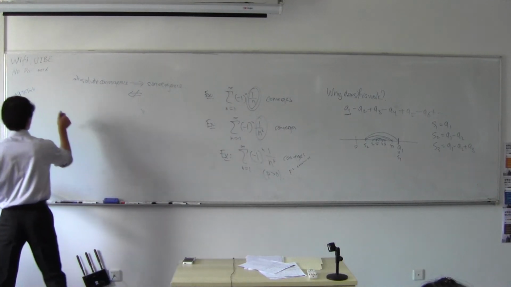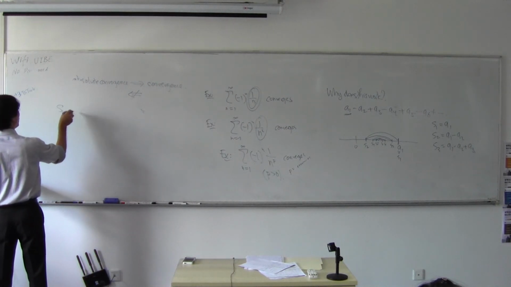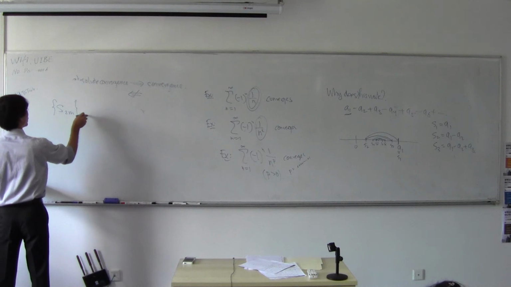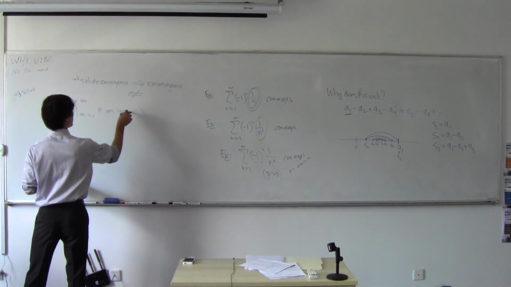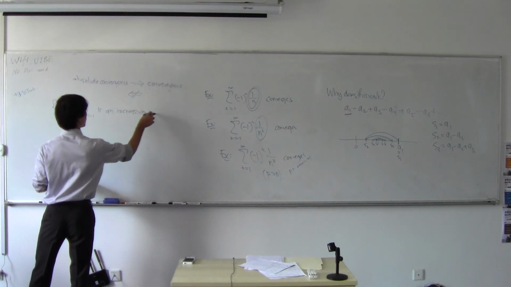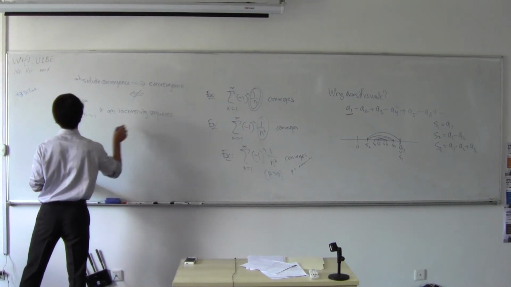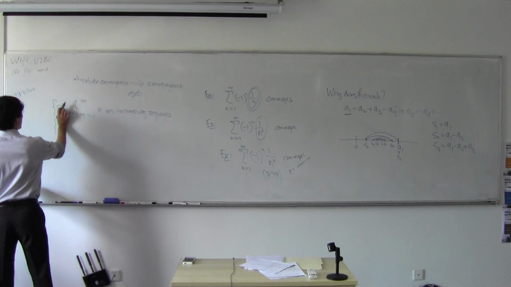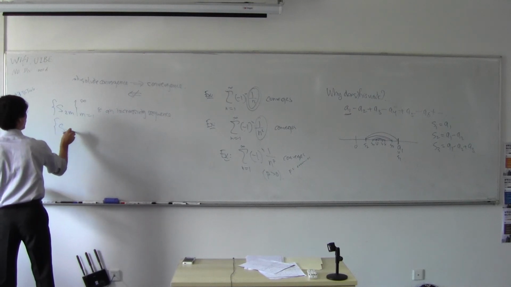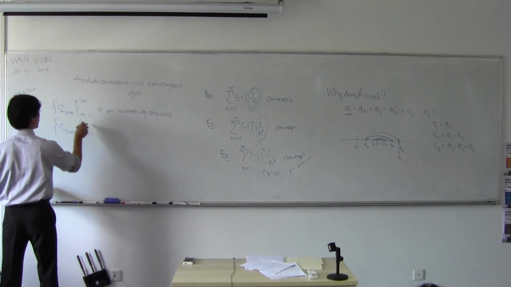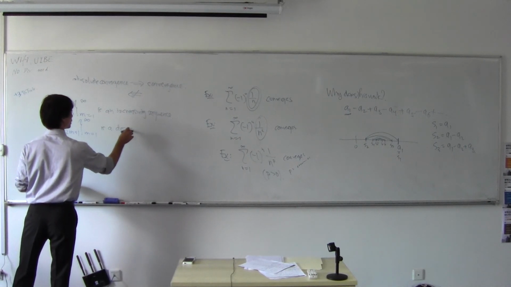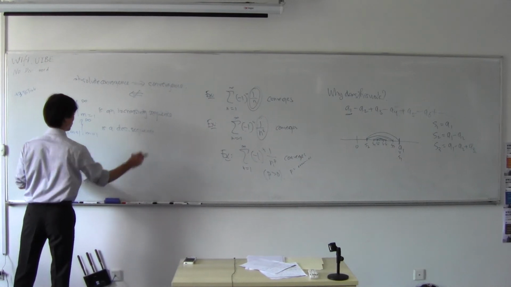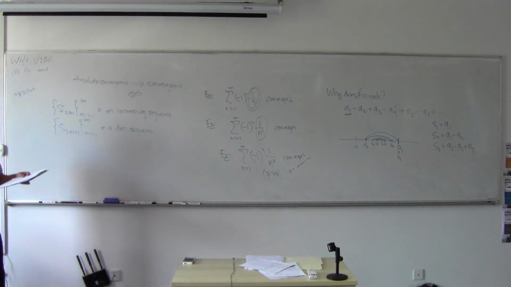The even guys, S2m from m equals 1 to infinity, is an increasing sequence. S2m plus 1, the odd guys, is a decreasing sequence.